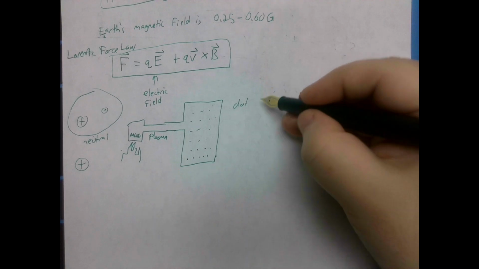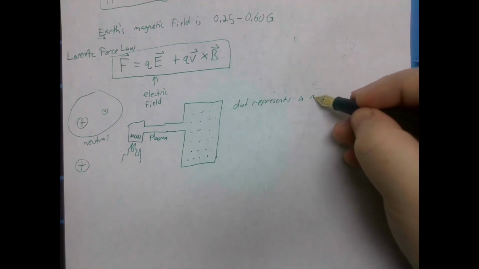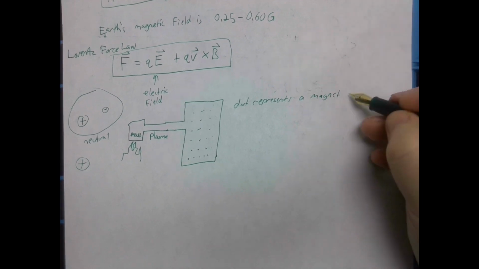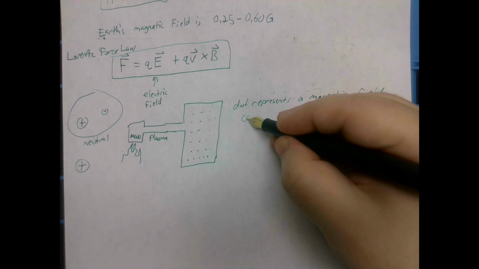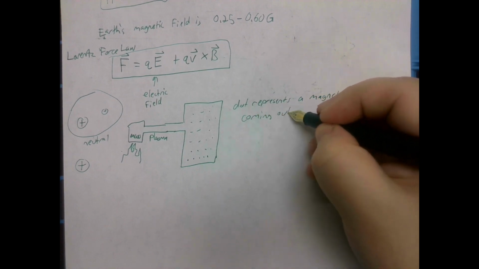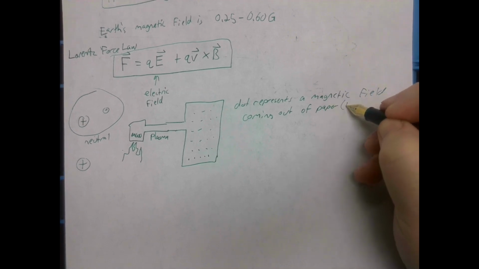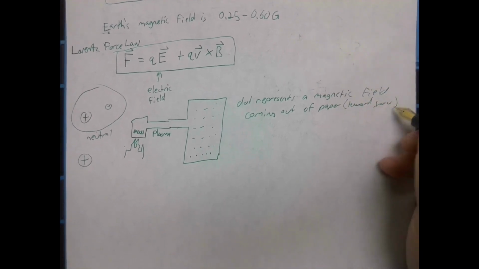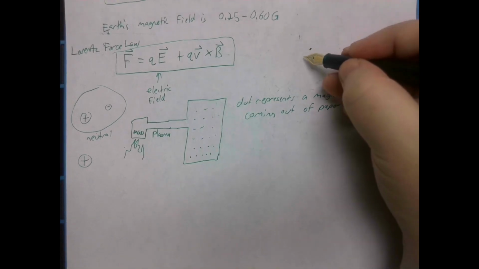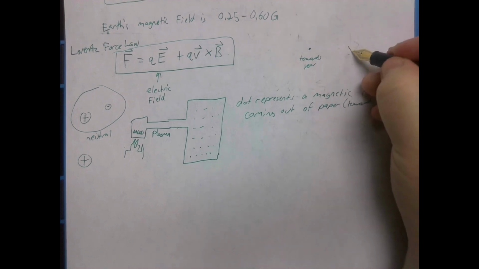A dot represents a magnetic field coming out of the paper, towards you. The notation is a dot means towards you, and X's means away from you.